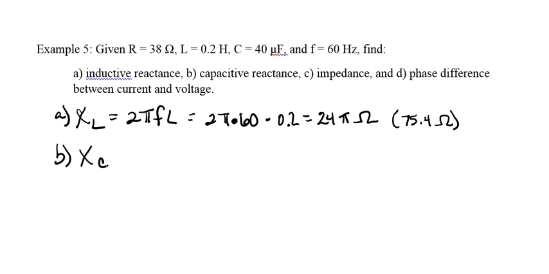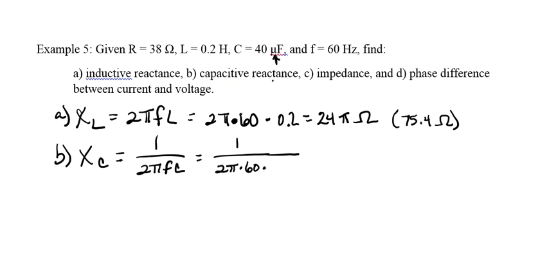So that is XC. XC, if we went back to the beginning, is 1 over 2 pi FC. So 2 pi, F is still 60. Now, C, notice, is 40 microfarads. You have to look up what micro means, and anywhere that you look, it's going to tell you that it is 10 to the negative 6.